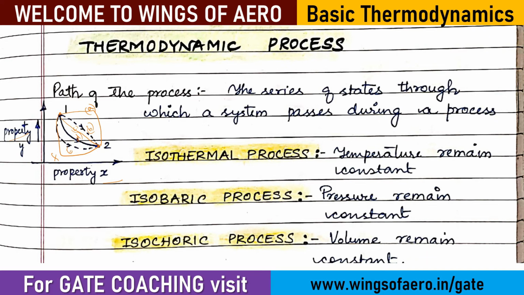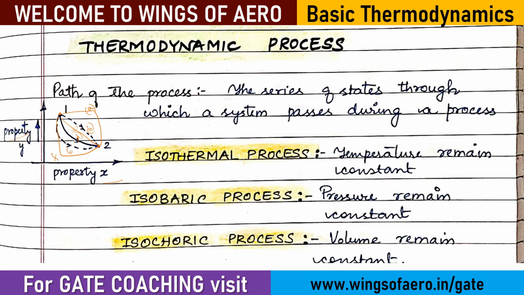You should know this. Not only this time, every year they ask an application based question from this particular topic. In 2021 they asked a question for a combustion chamber, where they gave a series of processes: isothermal process, isobaric, isochoric, isentropic.